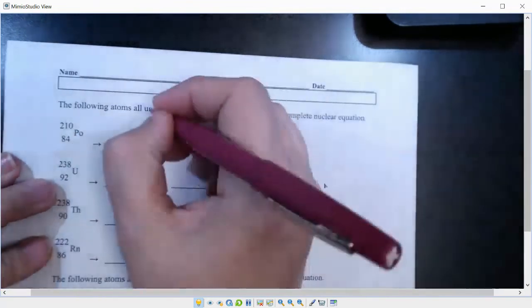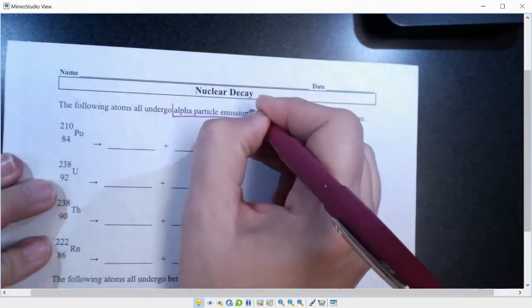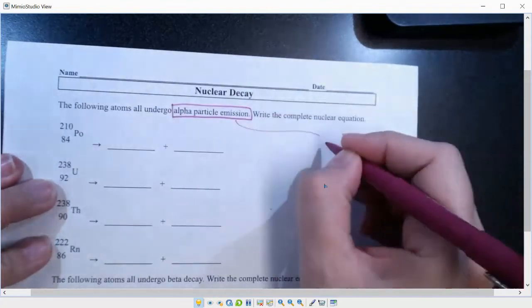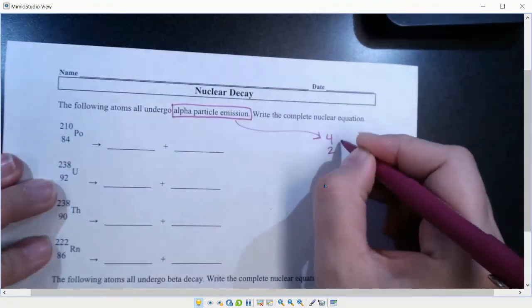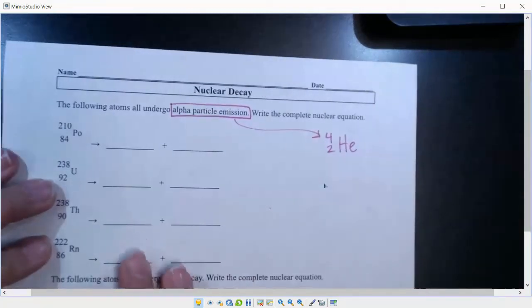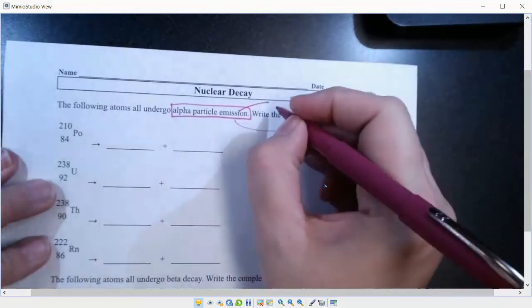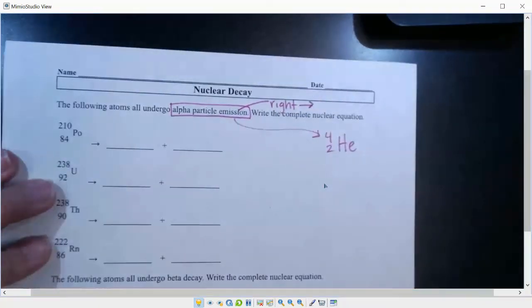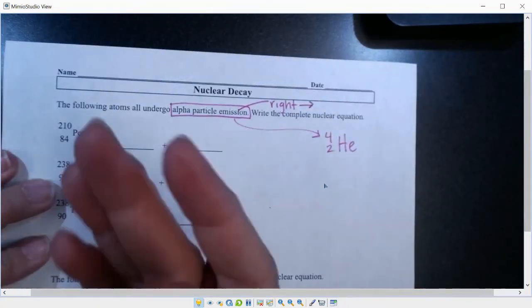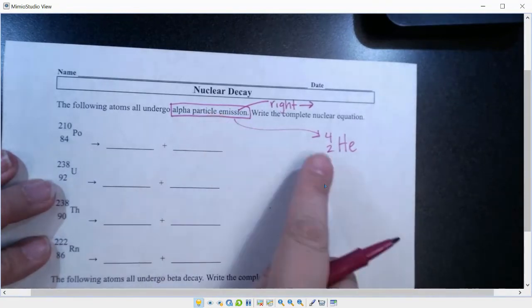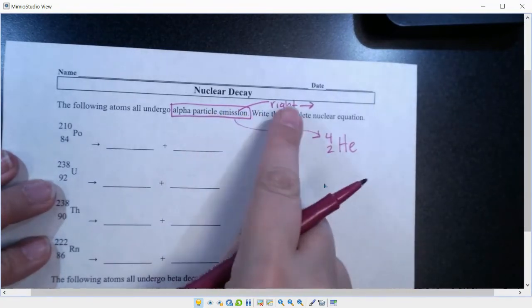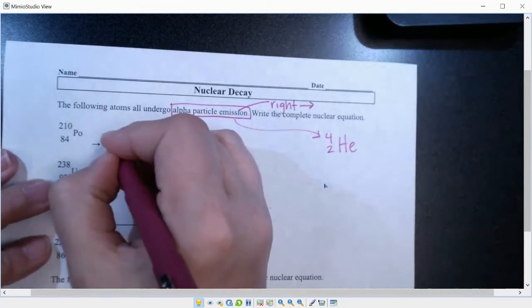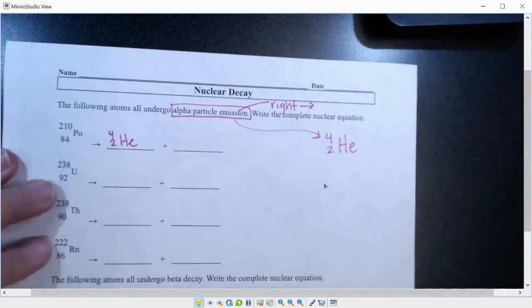Okay, so if we have alpha particle emission, that's talking about this thing, this helium atom. And the word emission means that we're going to put something on the right side of the arrow because it is being released. And so if it's an alpha particle, it's this guy. If it's being emitted, it's on the right side of the arrow. So we fill in that.